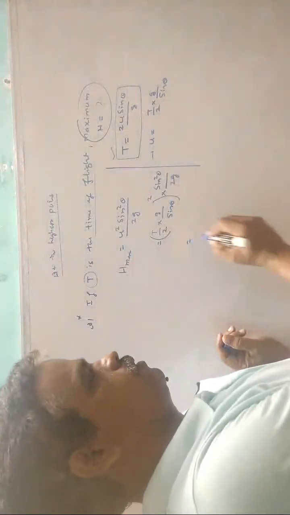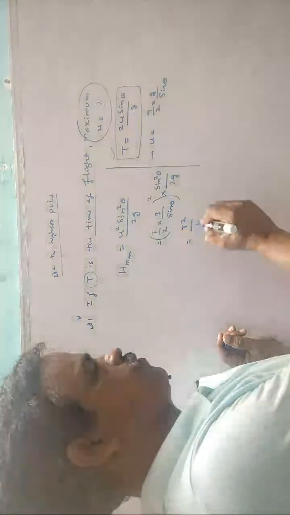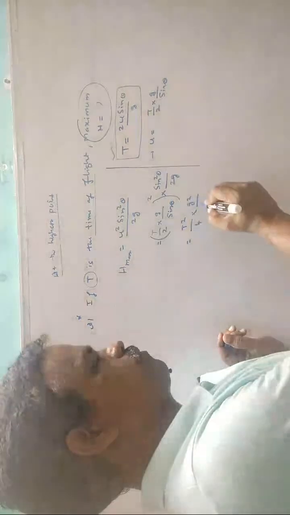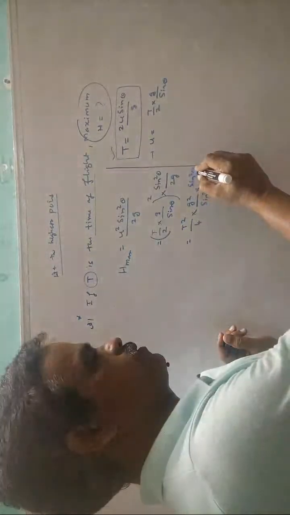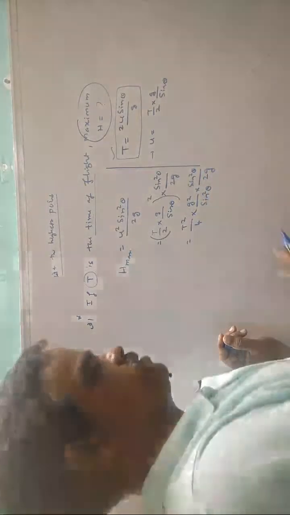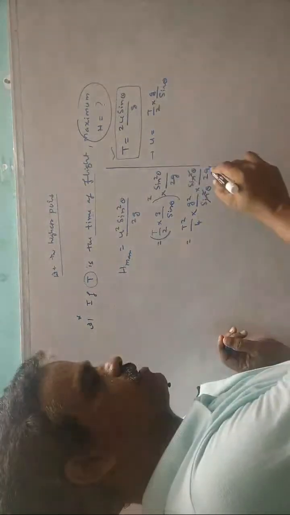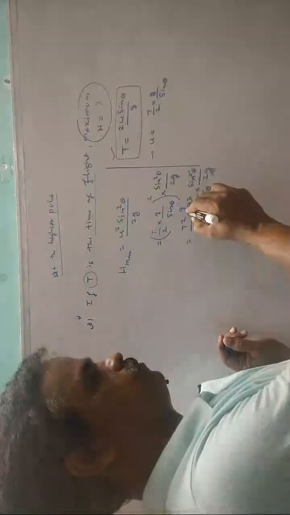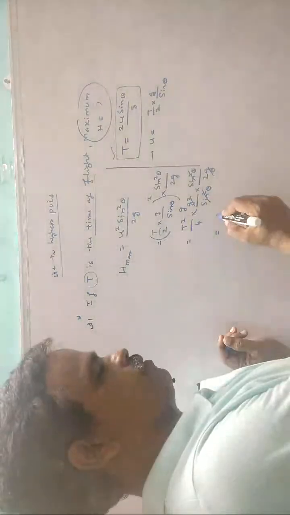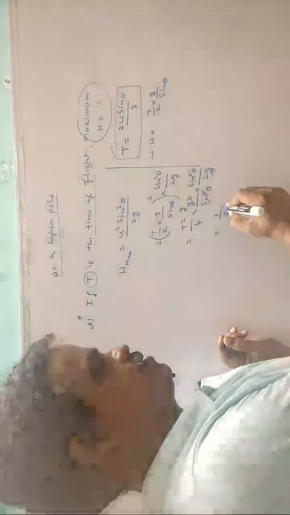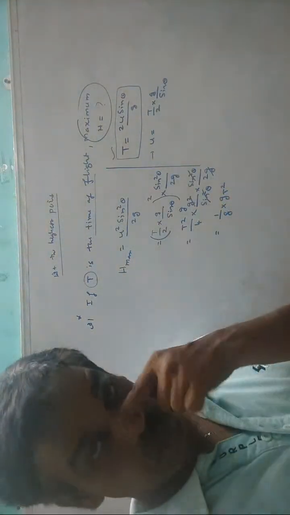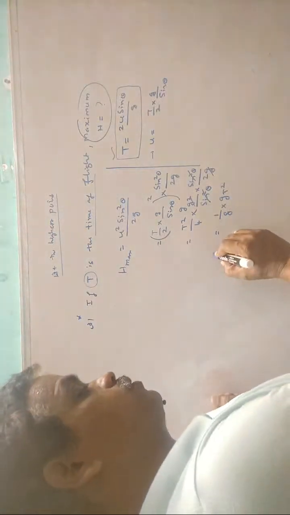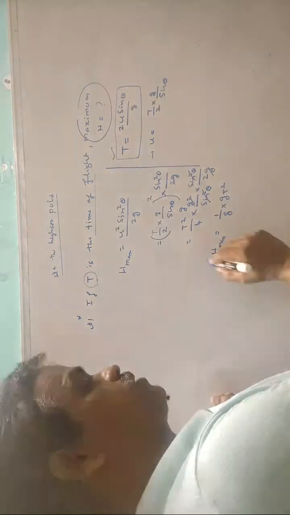Is it T square by 4 g square by sin square theta by 2g? Sin square gets cancelled, g gets cancelled. So what we have, 1 by 8 g T square, that is equal to h max.